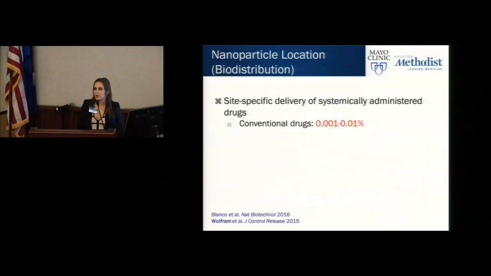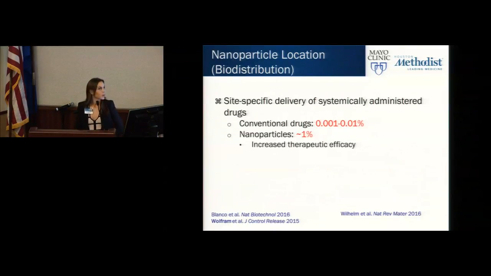So with nanoparticles, we get a substantial improvement. Around 1% of the nanoparticles that we inject intravenously will actually end up in diseased tissue. And because of this improvement in biodistribution, we typically see that nanoparticles have increased therapeutic efficacy and reduced side effects.